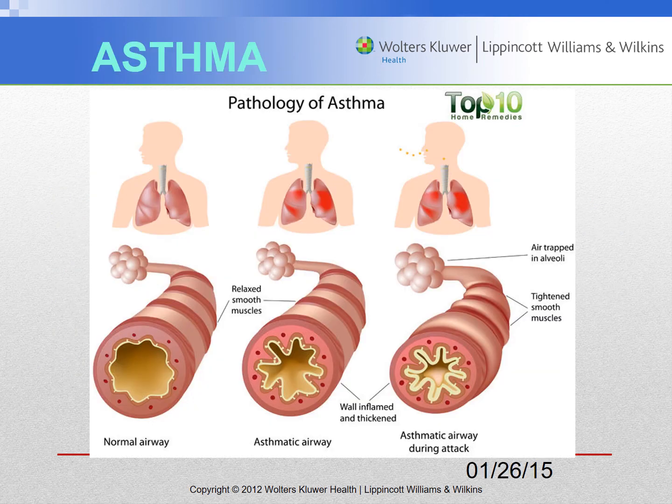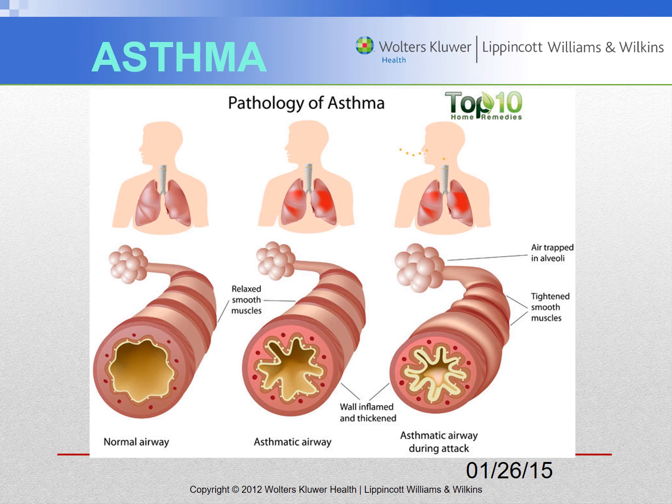This is just showing you a picture of what asthma looks like in the lungs. Here is your normal airway. Then you've got your asthmatic airway, where the smooth muscle tightens and constricts the airflow.